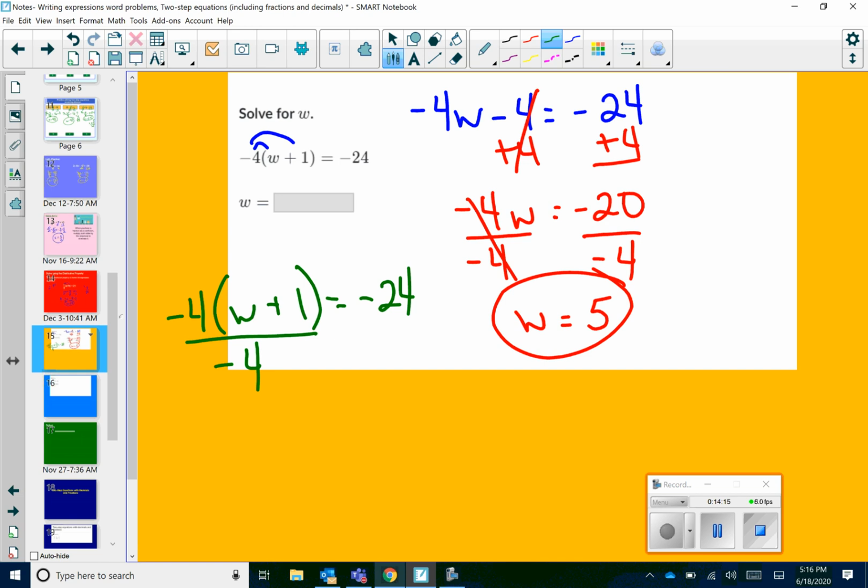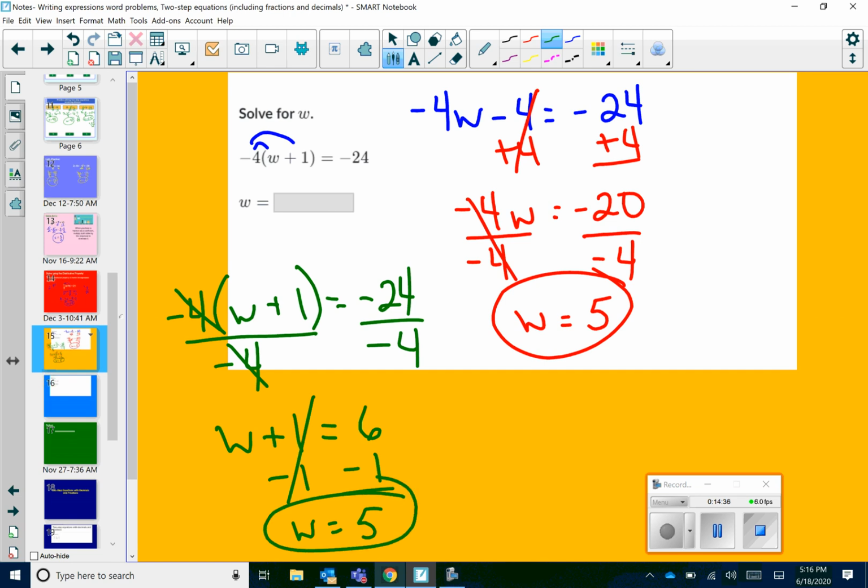And then again, like we've been saying, whatever you do to one side, you have to do to the other. So that's going to leave me with w plus 1 equals, well, negative 24 divided by negative 4 is positive 6. And then now we have a one-step equation. I'm going to subtract 1 on both sides, and that's going to leave me with w equals 5. So that's two different ways that you can do that problem.